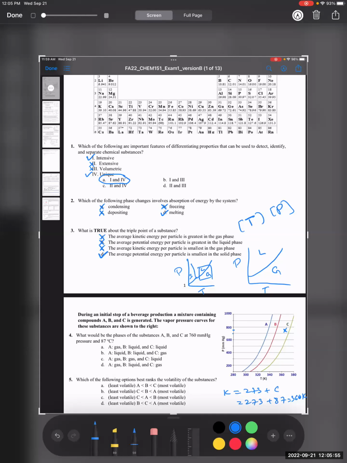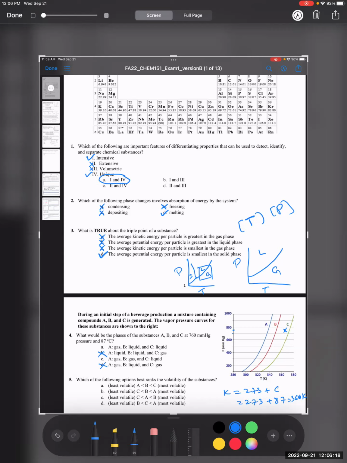Now, keeping that in mind, with respect to C, we can see that these conditions will be above the curve of C, meaning C must be in the liquid phase. So right now we can eliminate option B and option D because they say C is in the gas phase. That is incorrect.